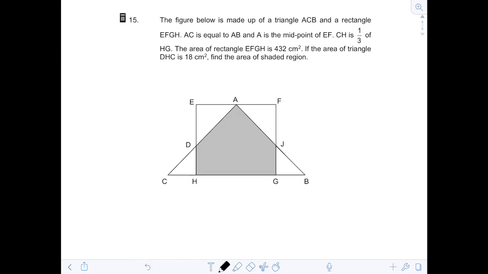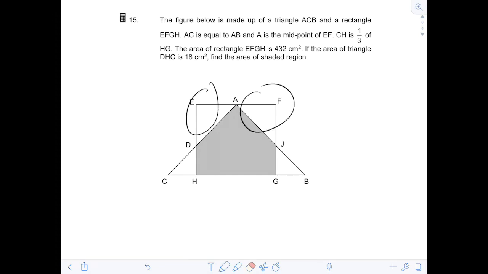Now looking at this, to find the shaded area, there are a few things you can think of. First is either you find the area of the shaded area by itself by breaking out the composite figures, or you can find it by finding out what's the blank spaces up there, over here and over here.